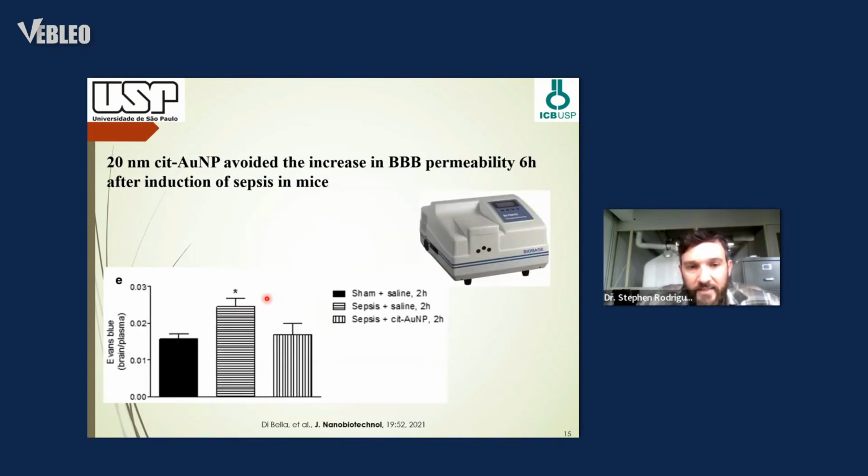Besides this, we observed increased blood-brain barrier failure in sepsis animals, and citrate-covered gold nanoparticles prevented it. We observed this by injecting Evans blue in the femoral blood vessel and measuring the amount of Evans blue present in the cerebral tissue.